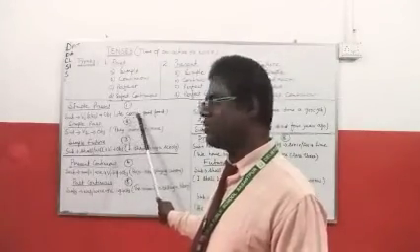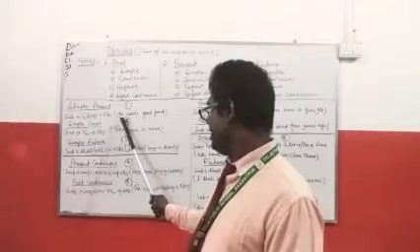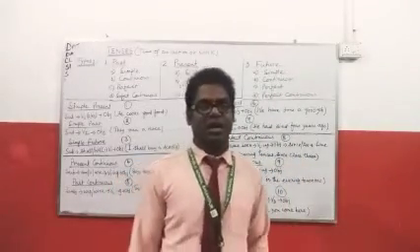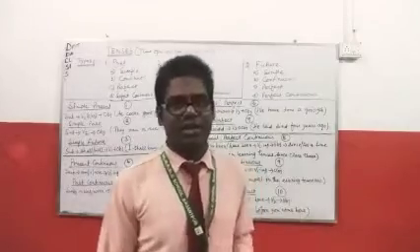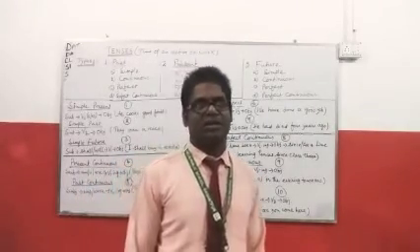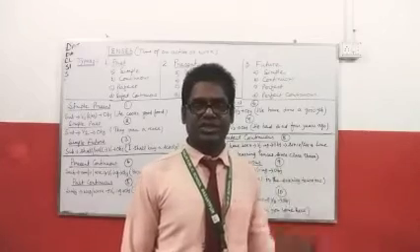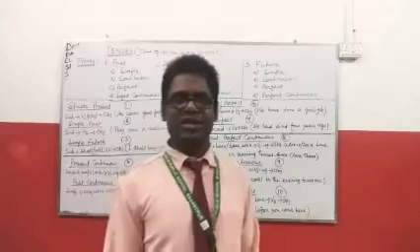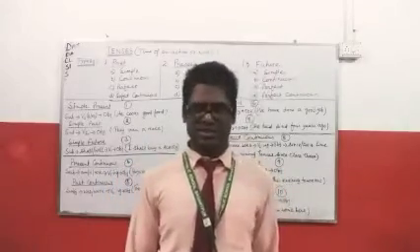That means cook will be cooks. Okay, he cooks good food. Another example I am giving: the boy runs a machine. And another example: the teacher teaches us English. Okay, so these are the simple present.